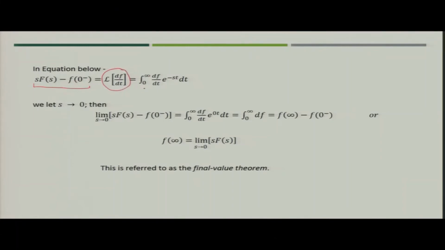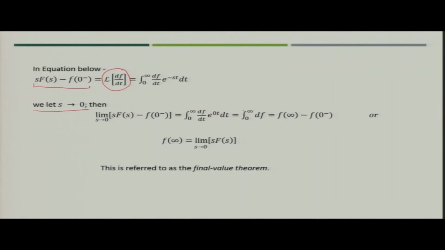That is nothing but the integration between 0 to infinity of df by dt e to the power minus st dt. Now, if s tends to 0, what can we write? Limit s tends to 0, sF(s) minus f(0) equals the integral from 0 to infinity of df by dt e to the power 0 t. So, this will now become 1.